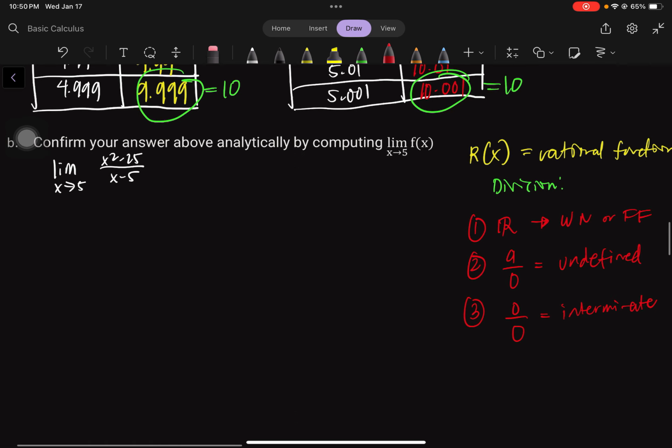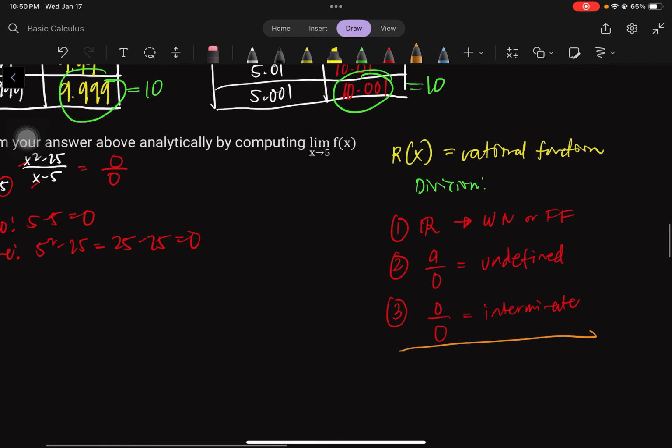In this part, if you substitute the 5 here, we first check the denominator. The denominator is 5 minus 5, which is 0. And if you check the numerator, 5 squared minus 25 equals 25 minus 25, still 0. So, once we get an indeterminate form, that is where our mathematical manipulation comes in.